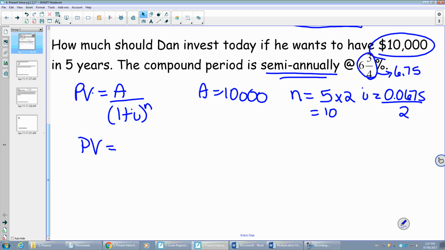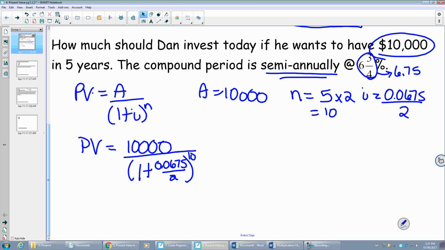Present value is equal to 10,000 divided by (1 plus 0.0675 divided by 2) to the exponent of 10.